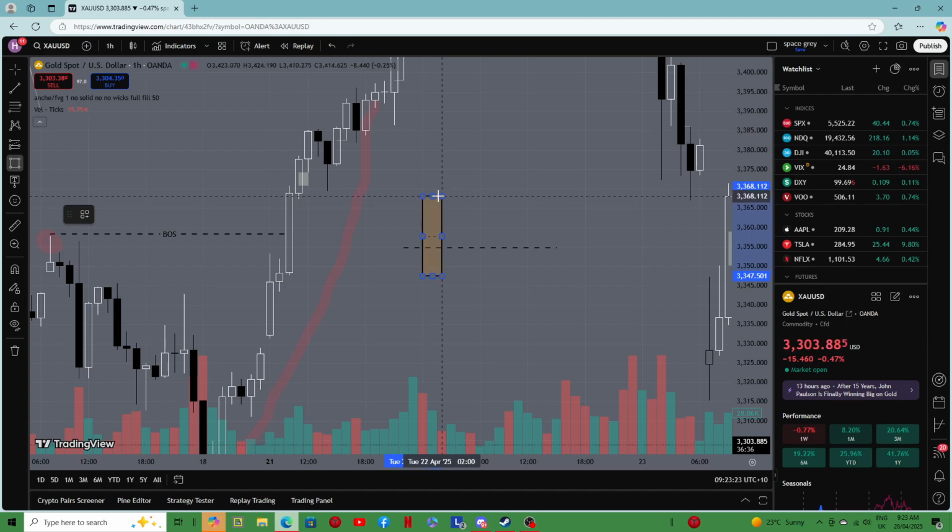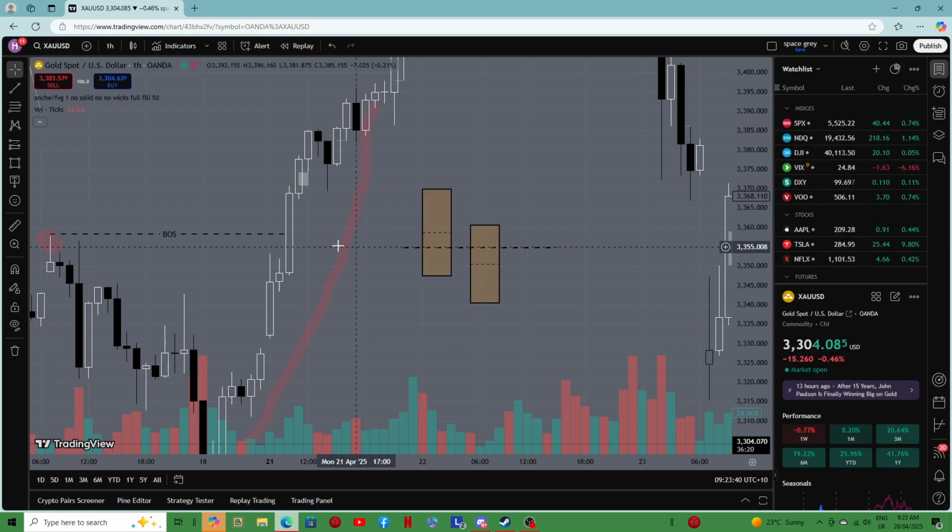Okay, so we can use this halfway. This would be considered a break of structure. This would be considered a failed break of structure.